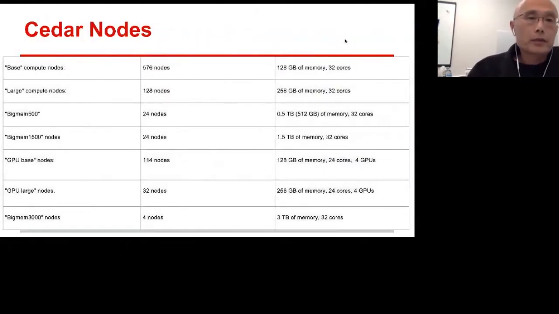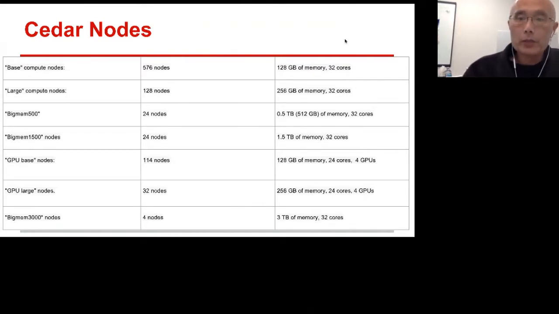So the Cedar cluster is a rather complex cluster. It has all these kinds of different nodes. Some nodes, or most nodes, I guess, have 128 gigabytes in memory. Then there are some nodes with 256 gigabytes, 512, and 1.5, and even 3 terabyte memory nodes. Most of them have 32 cores per node.